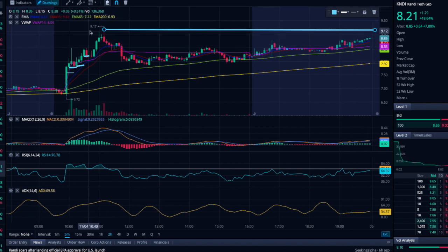But it has not broken VWAP for the majority of the day, only briefly here, a little bounce right here. The majority of the time it's been trading below VWAP and just trending with the EMA 9 line. So my strategy for tomorrow is this: if it breaks 9.17 or gets pretty close above around this level, then I may enter the trade for another swing up. But if it does not, then I leave this trade alone.